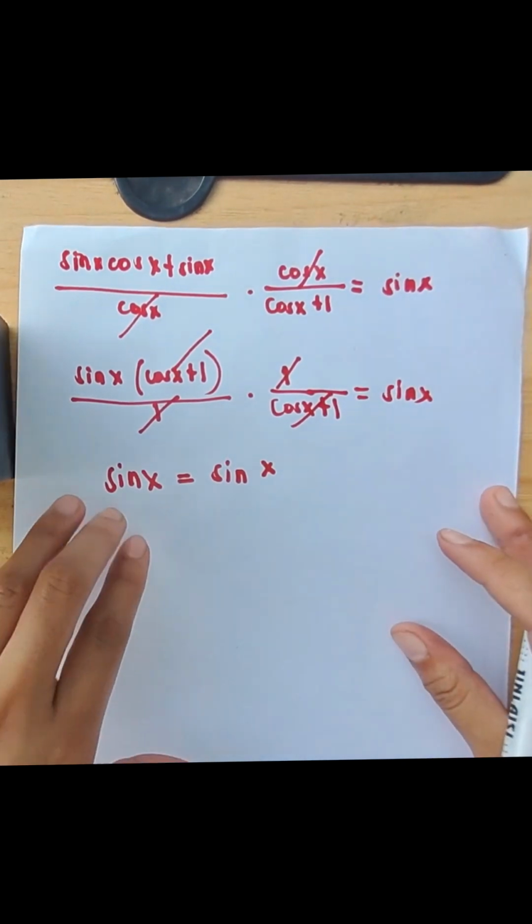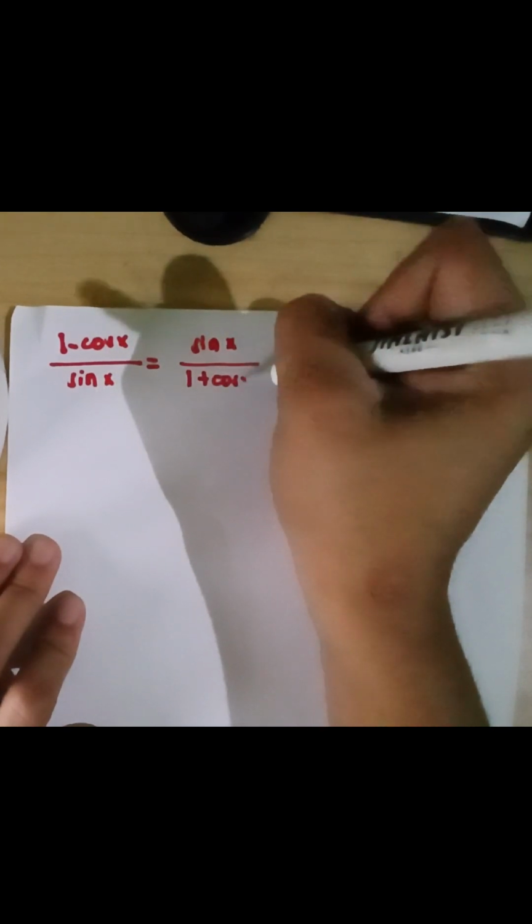So, the second identity that we need to prove is (1 minus cosine x) over sine x equals sine x over (1 plus cosine x).